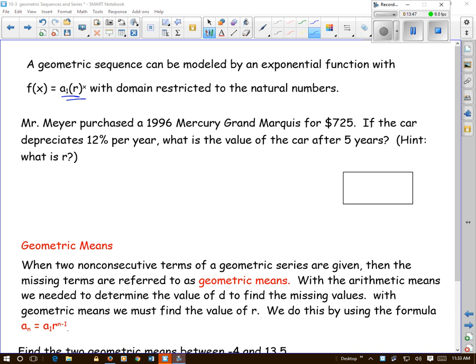So, first of all, we want to look at this and say, well, what is r? We're starting at our a1 is $725. So what's the value of r? Got to be a little bit careful here.